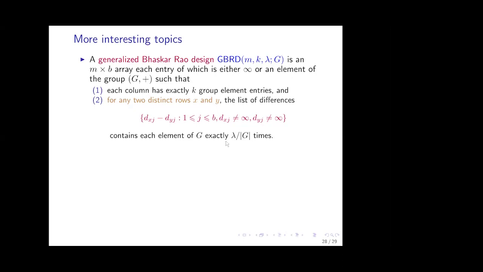So just for convenience in the BIBD, the definition is lambda over the size of G. It's not important, it's not key.